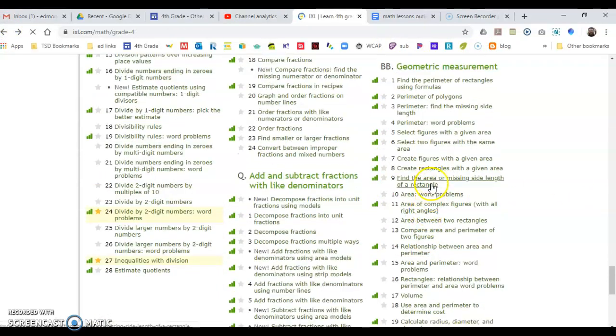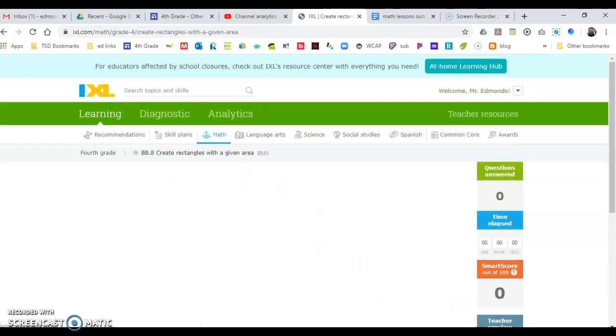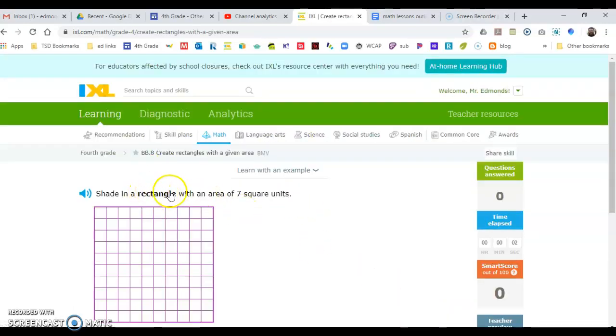BB8 is a little bit more specified. You have to create a polygon, and it tells you the polygon right here. It says create a rectangle. So if it says create a rectangle with 7 square units, you cannot do this because that's not a rectangle. So what you need to do is create a rectangle. So you might just do a shape 1, 2, 3, 4, 5, 6, 7 square units.